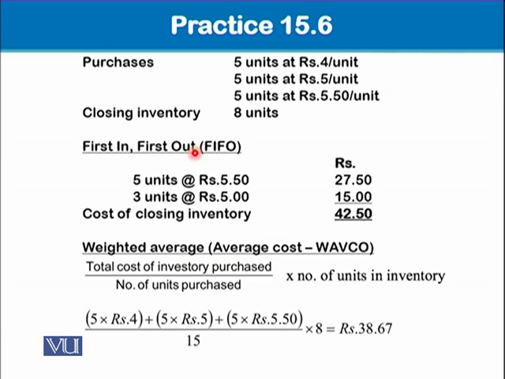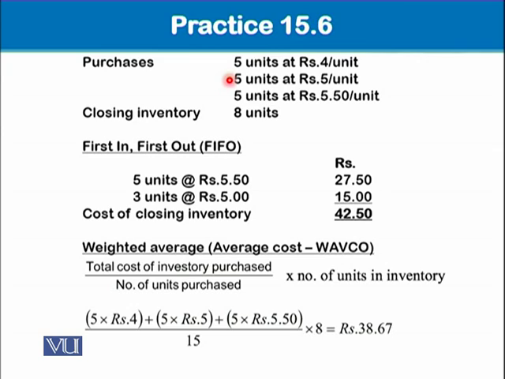What is first in first out? Since we have consumed 7 units, how did we get to know? We purchased 15 units and closing inventory is 8 units, so 15 minus 8 is equal to 7. We have consumed 7 units. First in first out means those 7 units have been consumed preferably on priority: 5 units at the rate of 4 have been consumed, this was first in, first out.